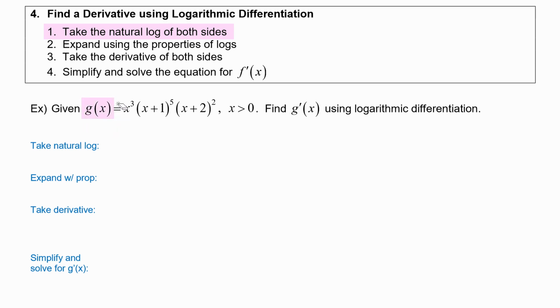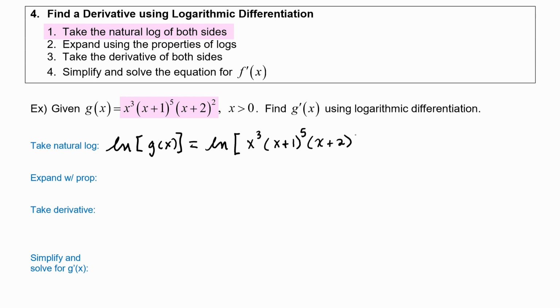So here, on the left-hand side, we take the natural log of g of x, we put the equal sign, and then on the right-hand side, we have to take the natural log of that entire quantity, x cubed times quantity x plus 1 to the 5th times quantity x plus 2 squared.